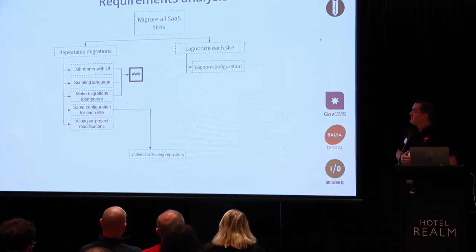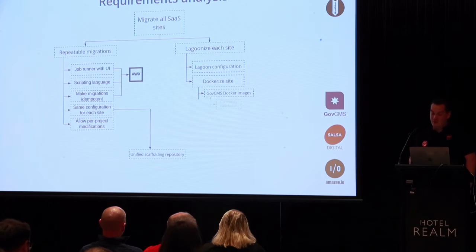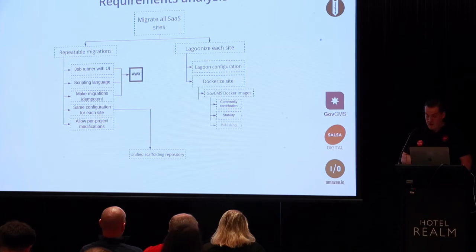To Lagoonize each site, we needed to provide some Lagoon configuration and actually Dockerize the site. The site should run using Docker, for which we had to create Docker images. We had to make sure that the images are quite stable, that the community could benefit from them, and that they can be published and publicly available for everyone.